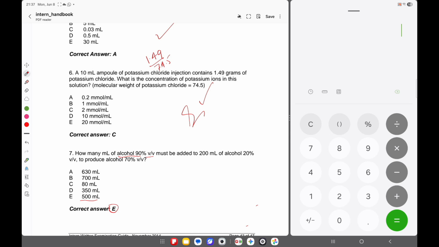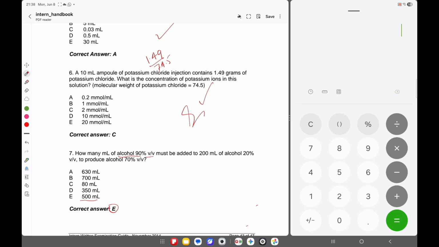So remember this point: 200 ml is not the final volume. It's actually the volume of one constituent.